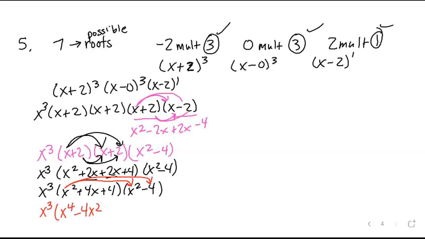Then I would move to that middle term. 4x times x squared, that's positive 4x to the third. 4x times negative 4, negative 16x. And then I've got to take care of this 4 on the end. 4 times x squared and 4 times negative 4. So positive 4x squared and then negative 16.